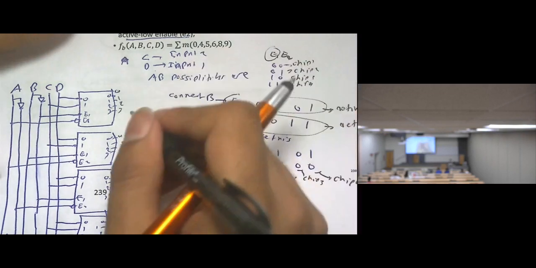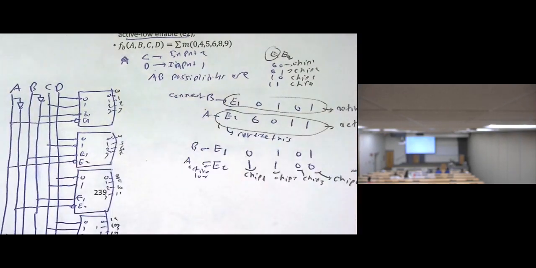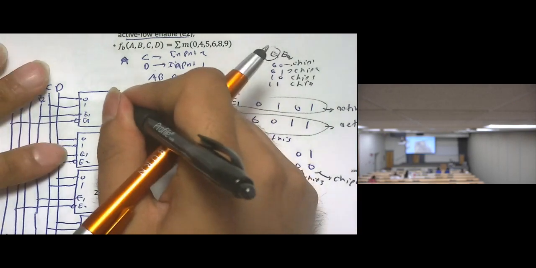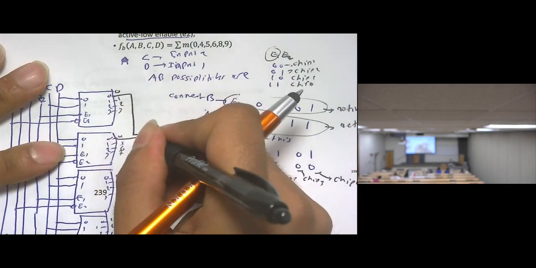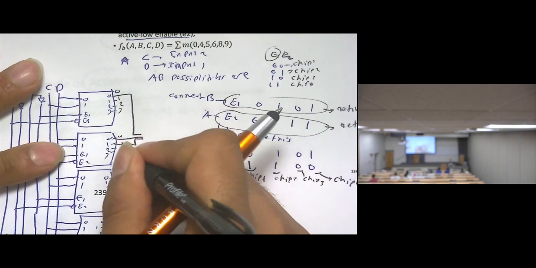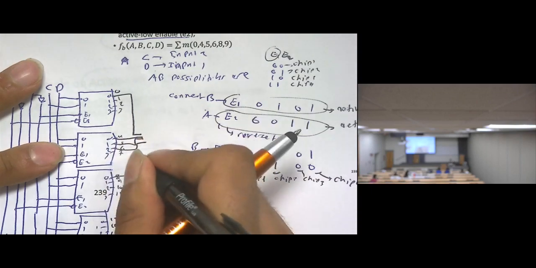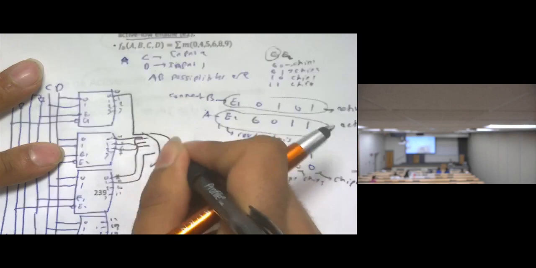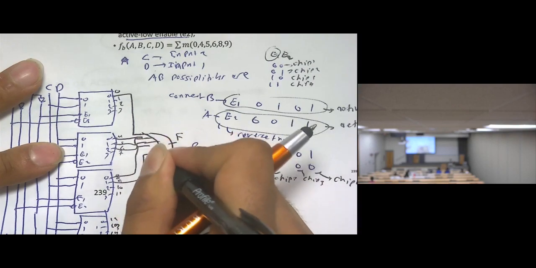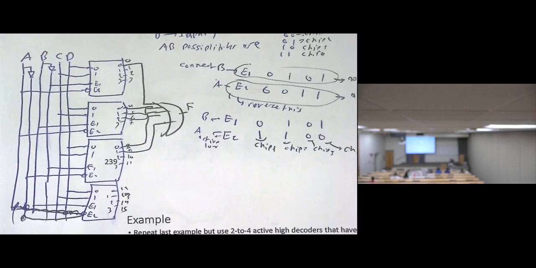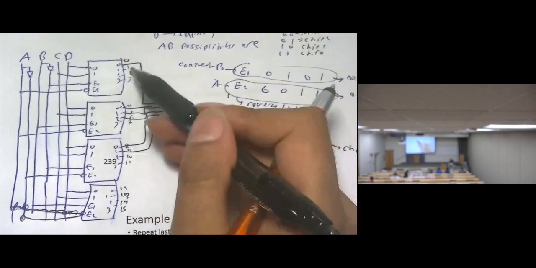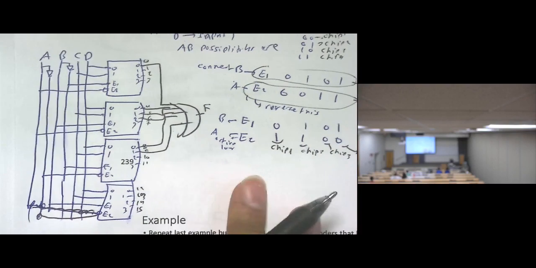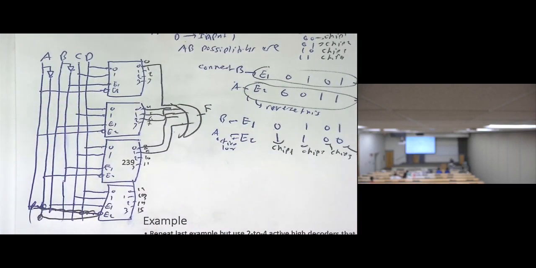So I need to take 0, 4, 5, 6, 8, 9, then ORing, this is F. That's the problem done. So the idea is not in this part. In this part, 0, 1, 2, 4, that's good. But now how to connect the inputs? This is my design, how to connect the inputs.